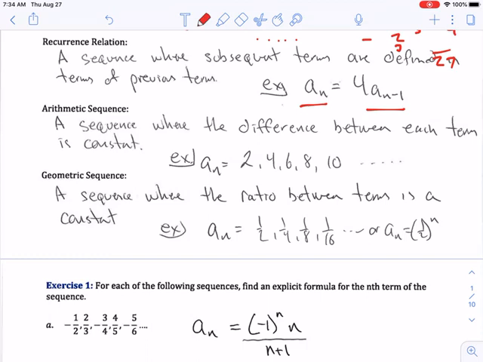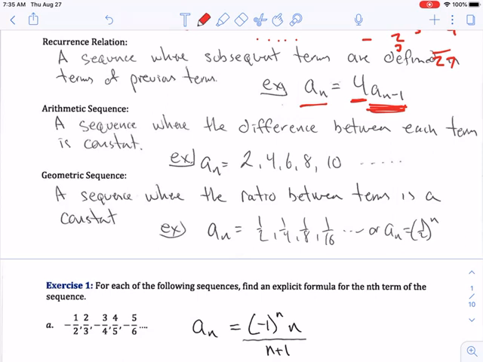So in other words, if n is 3, a sub 3 would be the third term. A sub n minus 1 would be 3 minus 1, or the second term. And this simply says we're taking the previous term and multiplying it by 4. And that would give us our explicit formula, but it's always in terms of the previous term. So that's called a recurrence relation.